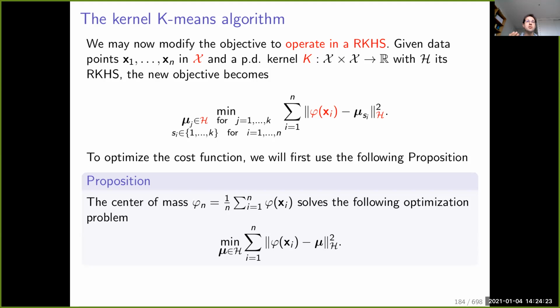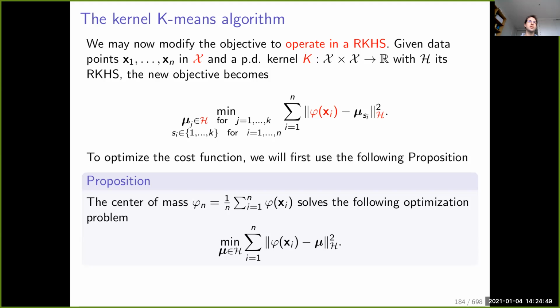And then it turns out that we can show that the center of mass, which is simply the mean of the phi of xi, is in fact the solution of this problem. So this is good news. It means that we are going to do things very similar to k-means. Each time we are going to update a centroid, we are going to take the mean of some points.